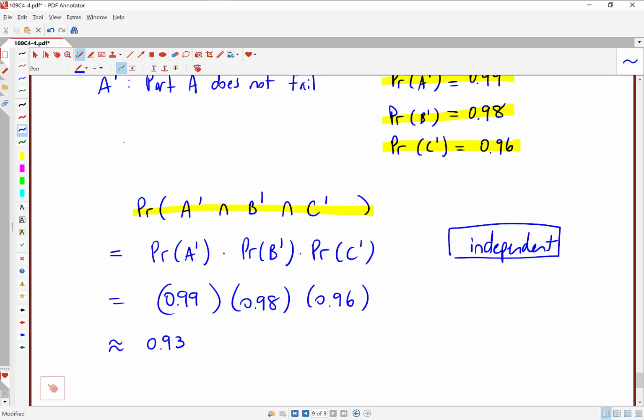So it was really critical here that the 3 parts were independent. If you had dependent parts where one is more likely to fail if another one fails, then it wouldn't be valid to just multiply all your probabilities together, and you would need more specific information about how the events are related in order to solve the problem.